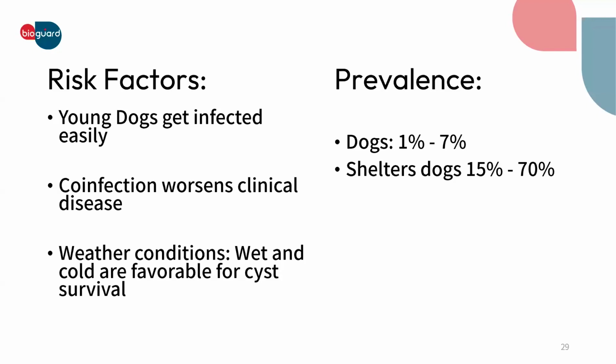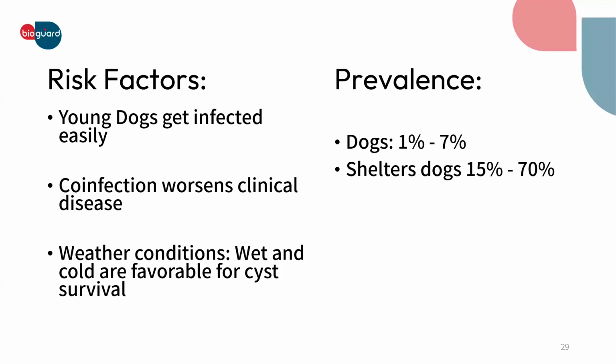Also the weather conditions push this kind of infection a lot, mostly during wet and cold temperatures, because it is favorable for the survival of the cyst in the environment.